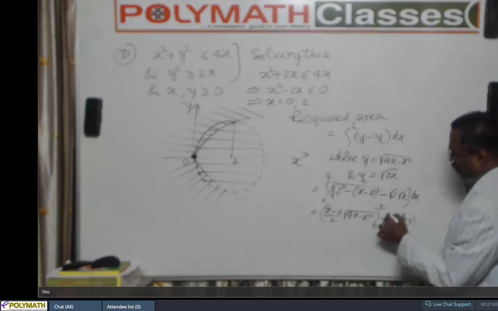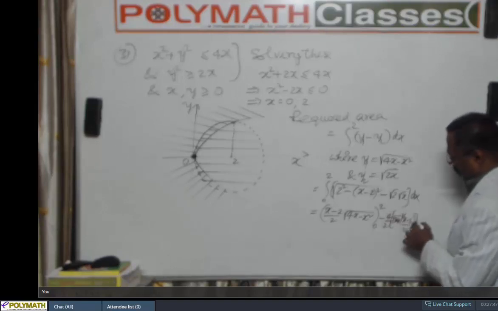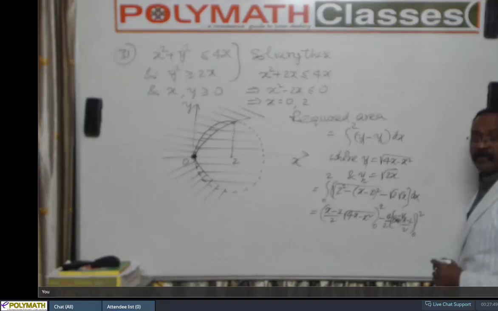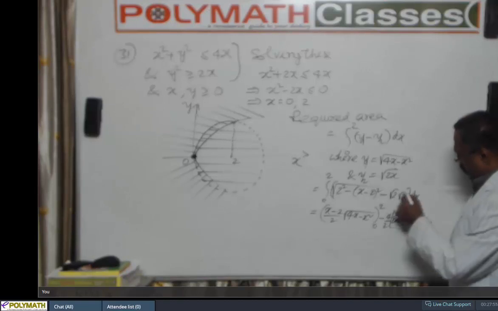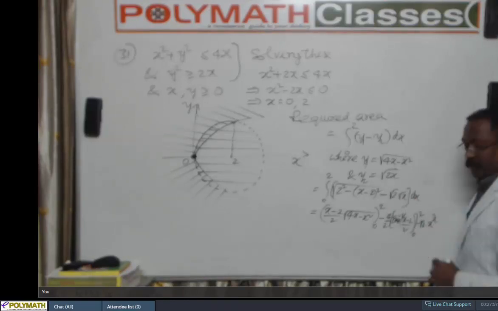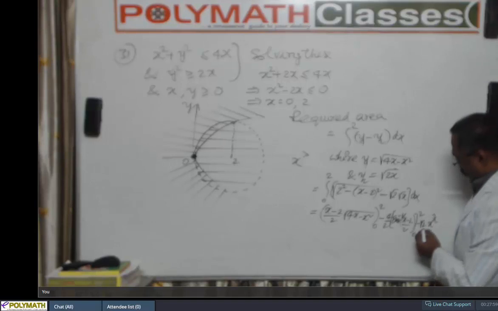And of course, this is taking the limits as 0 to 2, and this is minus root 2 into x power 1 by 2 plus 2, 3 by 2, x power 3 by 2 by 3 by 2.